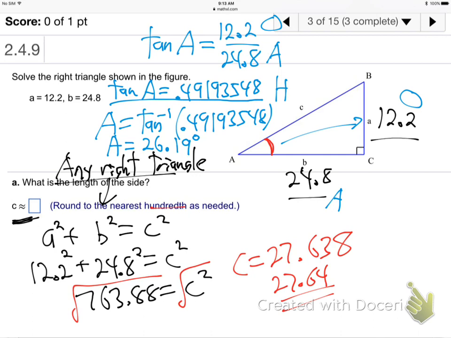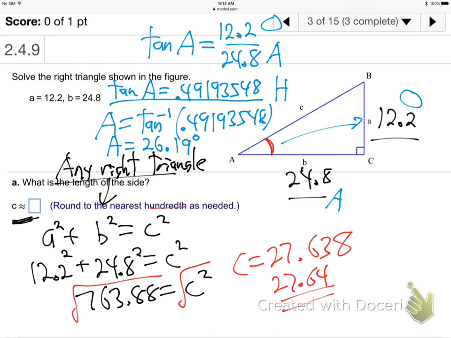You do the inverse. Because remember what inverse does? Reverses inputs and outputs, doesn't it? Remember how we talked about that, right? So A is the inverse tangent of that. If the tangent of the angle A is 0.49 whatever, then A is the inverse tangent of that 0.49. A is the angle. Is that good?